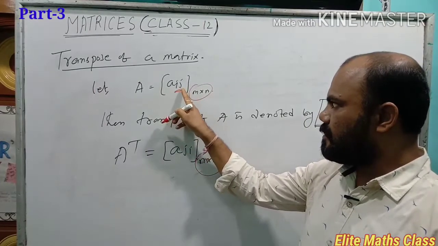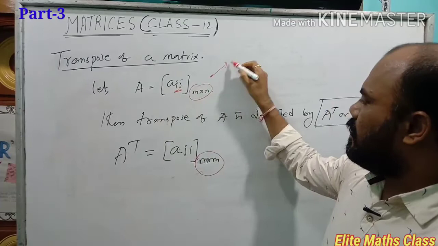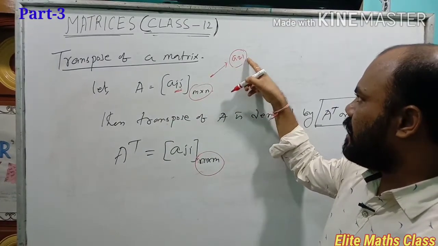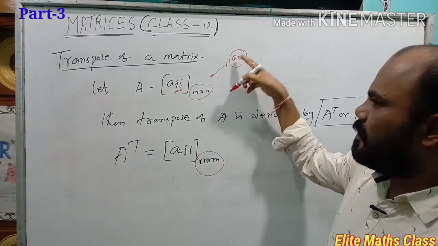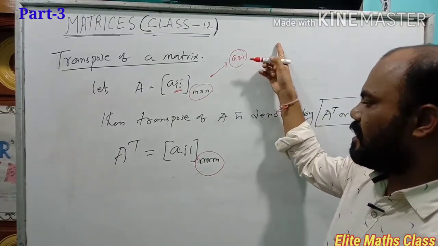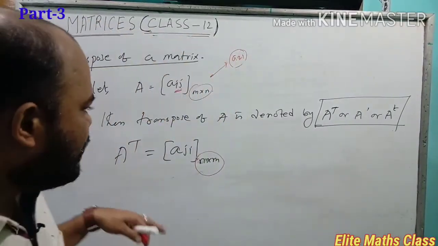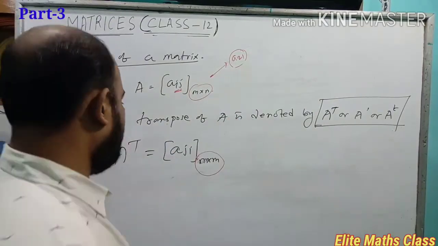Here every element is represented by a_ij, there it is a_ji. That is, if the element is a_21, which lies in second row first column, in the transposed matrix this element will go into the first row and second column position. That is, every element of a row will go into the column.